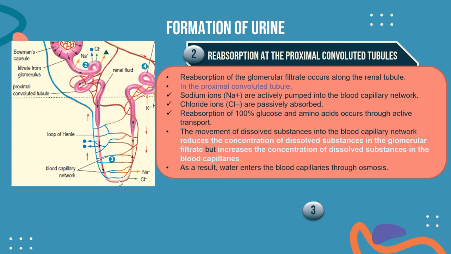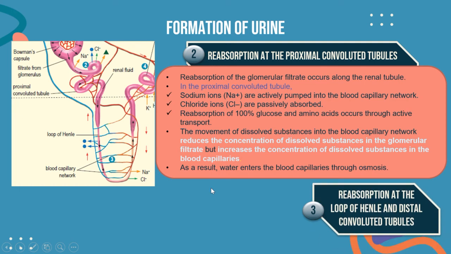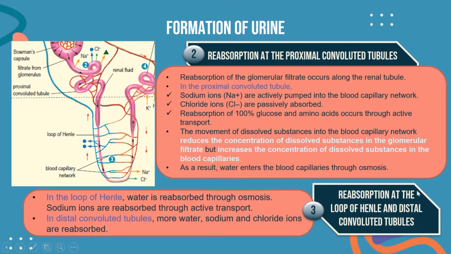Next, we move to the third process, the reabsorption at the loop of Henle and distal convoluted tubule.